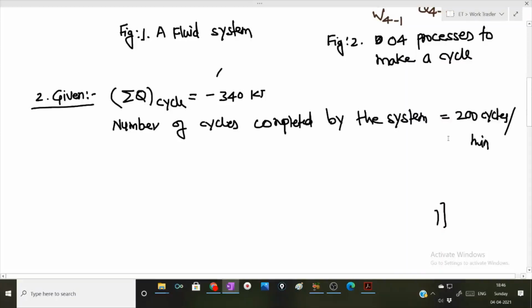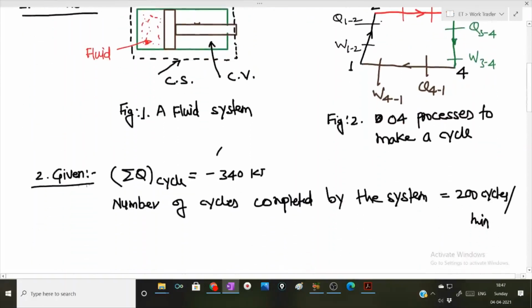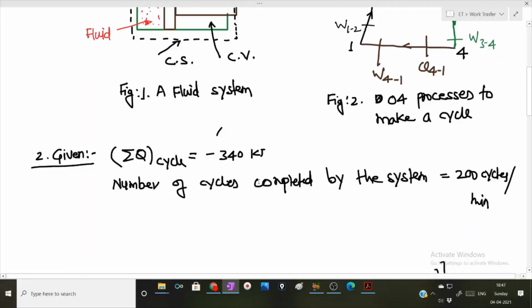Apart from these two values, work and heat interactions during the different processes and change in total energy of the system are also given in the form of tables. So I am not going to reproduce these values as a part of the given. Rather, wherever they are required, we will refer to the table.